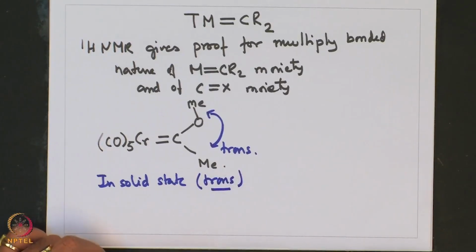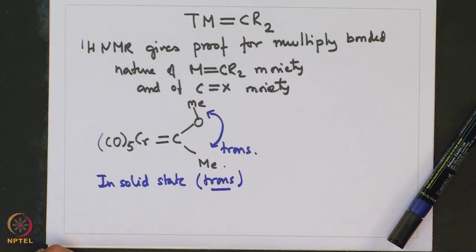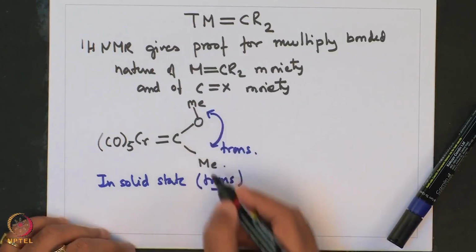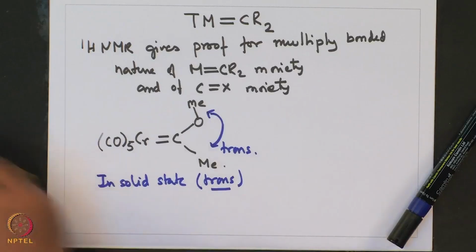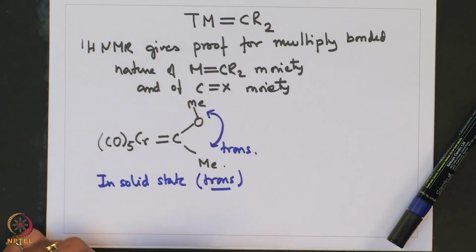The trans form prevails, and as a result, if one were to record the proton NMR of these compounds, there are two types of methyl resonances.